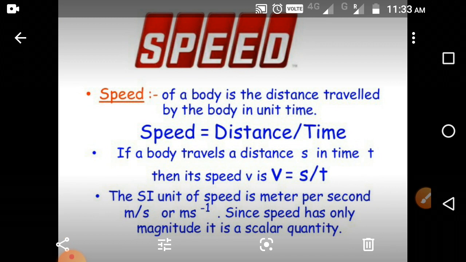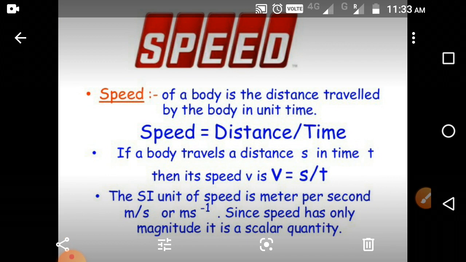Now there is an SI unit. What do we mean by SI? SI means System International, the internationally accepted unit that we use for measuring. You will study about it later. For now, just remember: distance is always measured in meters, and time is always measured in seconds. So the unit of distance is meter and the unit of time is second.